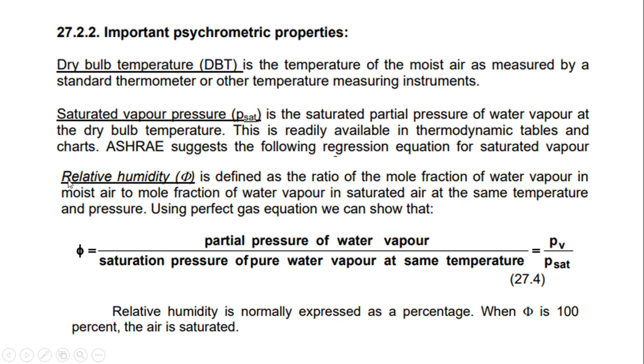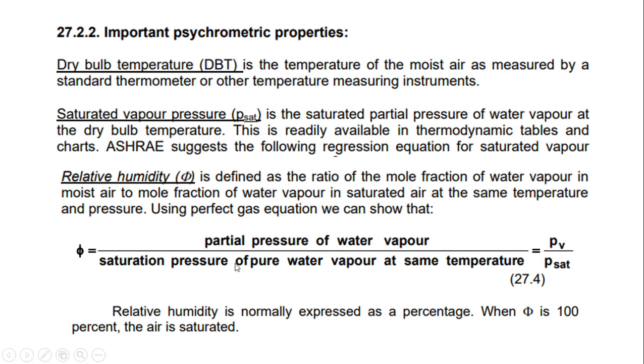Okay. Next thing, we are going to see relative humidity. It is defined as the ratio of the mole fraction of water vapor present in the moist air to the mole fraction of water vapor in saturated air. It is nothing but the ratio of the partial pressure of water vapor, or mass of water vapor in a given volume, to the saturated mass of water vapor in the same volume.